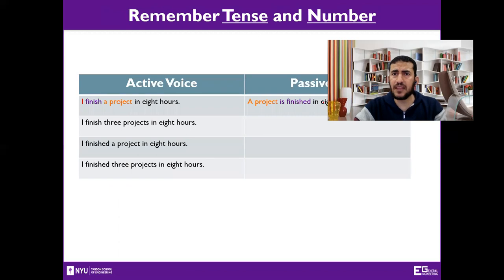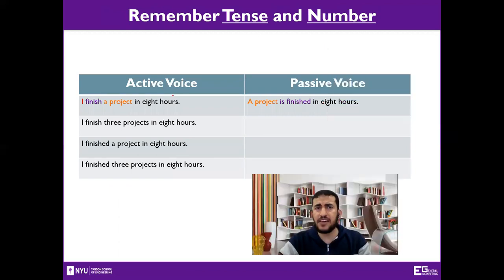Let's take more examples. In the active voice, we have this sentence: I finish a project in 8 hours. I is the subject, finish is the verb. In which tense? Yes, present simple. A project is the object.